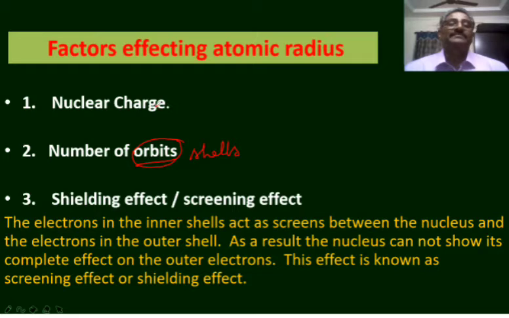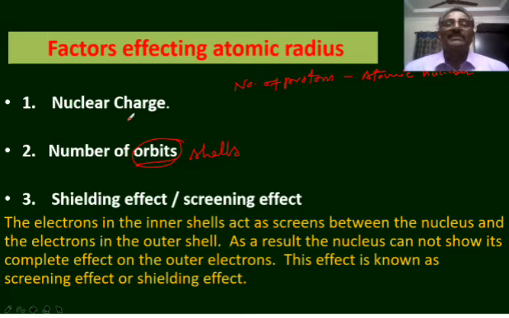Nuclear charge. You know that the charge of the nucleus depends upon the number of protons present in the nucleus, that is atomic number. You know that in the periodic table, the elements are arranged in the increasing order of their atomic numbers.